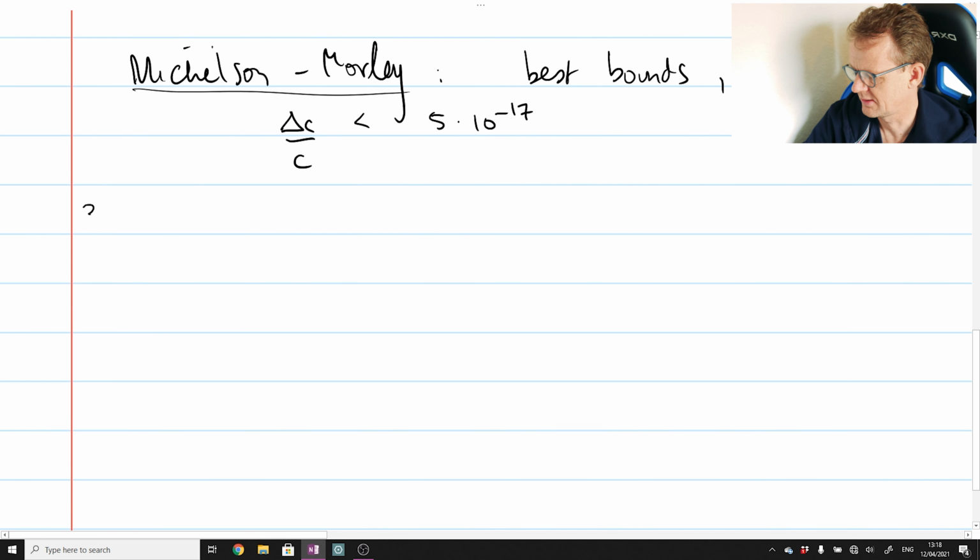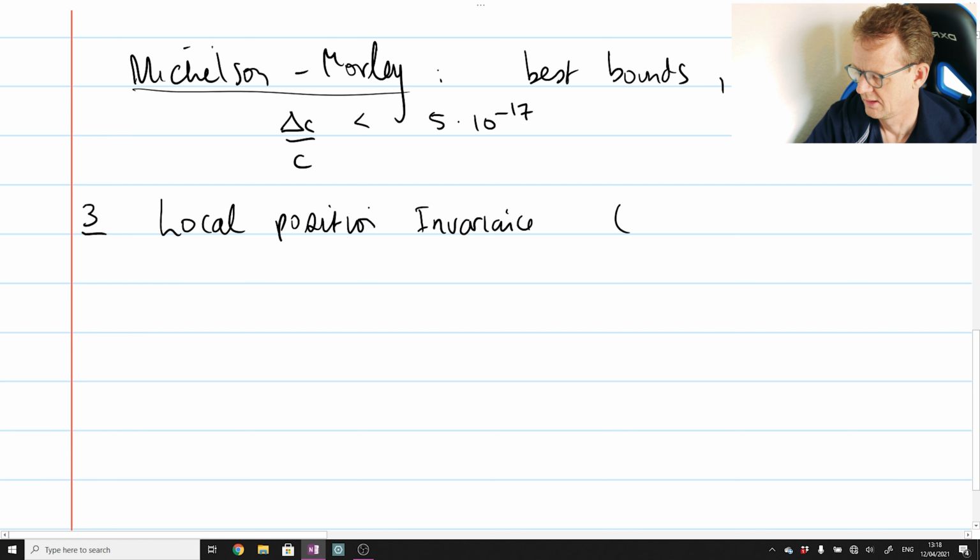There's a third aspect to what we now call Einstein's equivalence principle, namely local position invariance. Right? Maybe it's kind of obvious, but you've got to spell these assumptions out. This is LPI, and this simply says that the laws of physics do not depend on position.